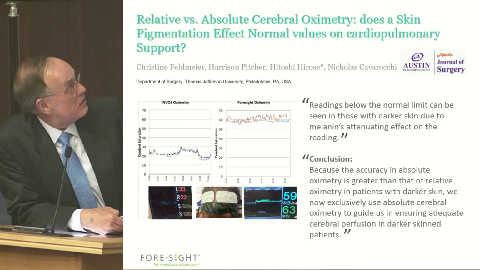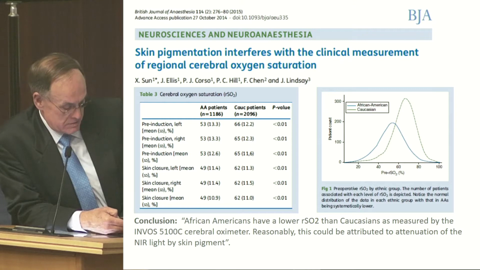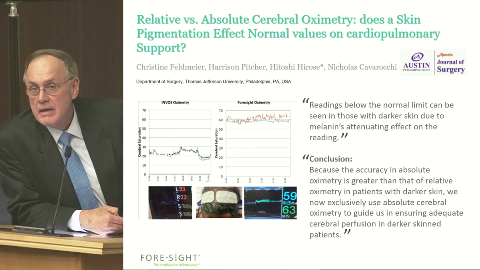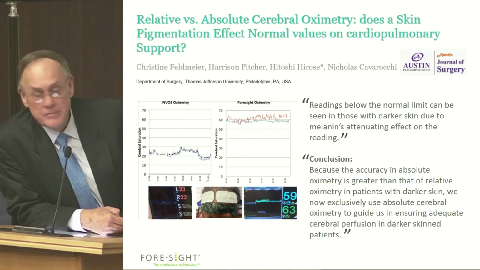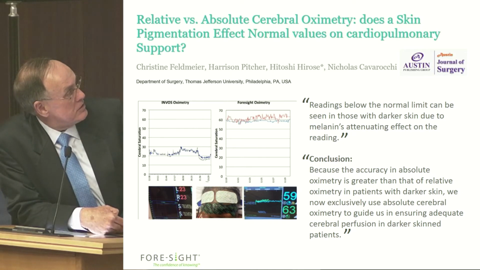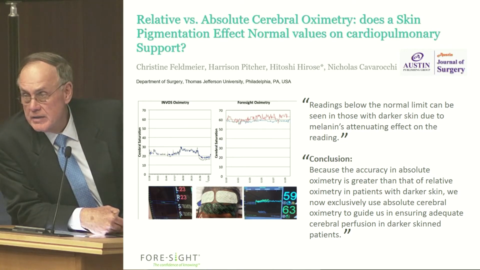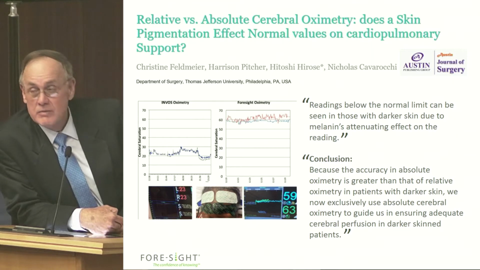Okay, well, here's a good example. As I said, we have a large number of patients in America with very dark skin. And you can see this patient here has dark skin with actual INVOS sensors on the head. And you can see the INVOS monitor here was showing saturations of 23%. Okay.